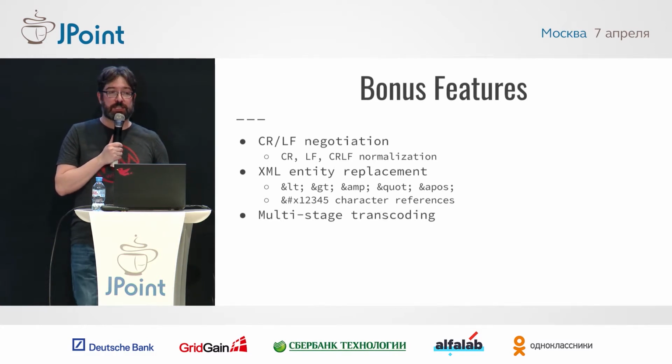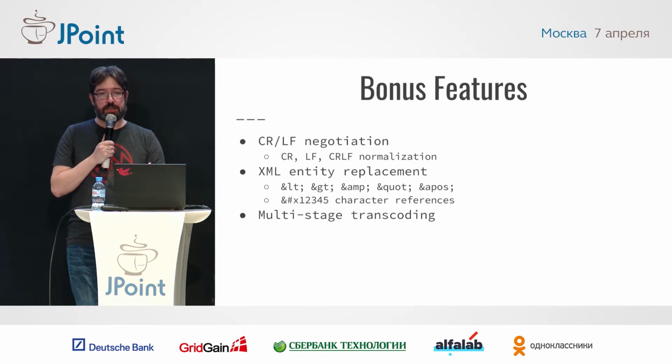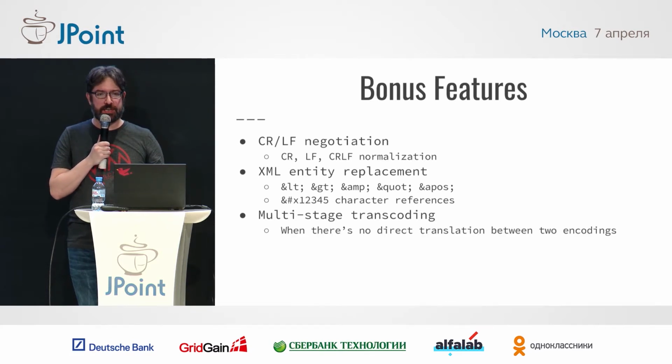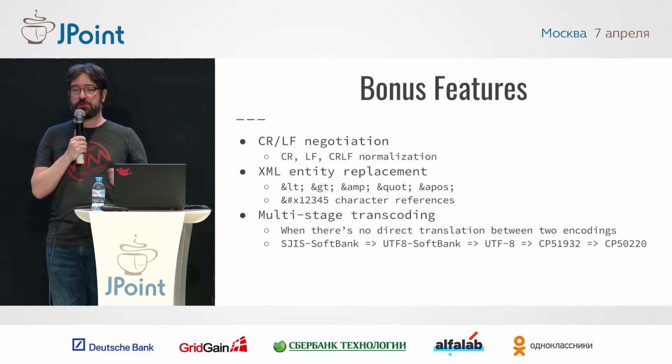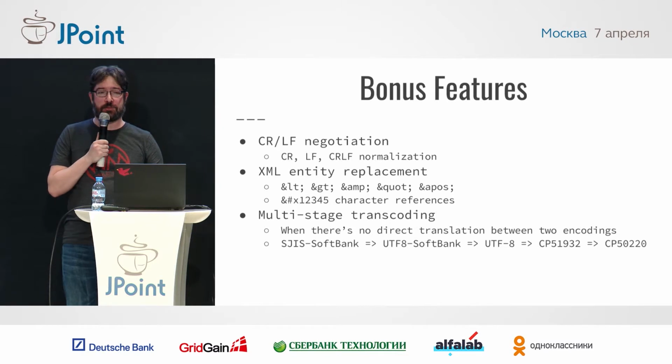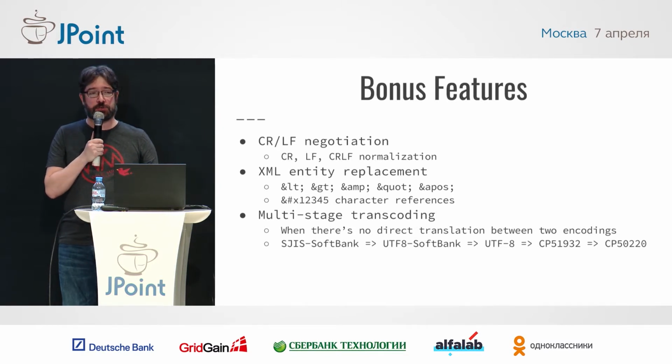It also supports multi-stage transcoding. Some character encodings don't have a direct mapping from one to the other. So when there's no direct translation between 2 encodings, J-codings will automatically do a multiple stage translation for you. It's not particularly common, but if you need to go from Shift_JIS SoftBank to UTF-8 SoftBank to UTF-8 to CP51932 to code page 50220, something I'm sure we've all had to do.